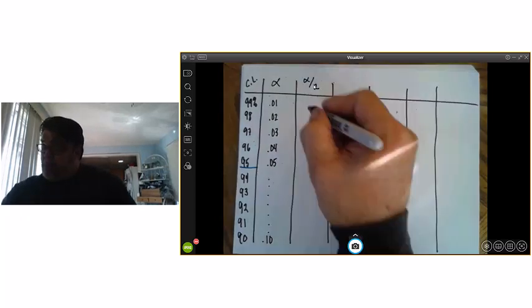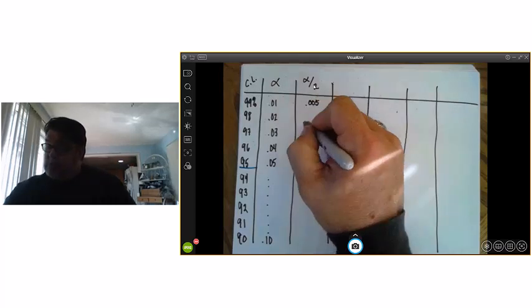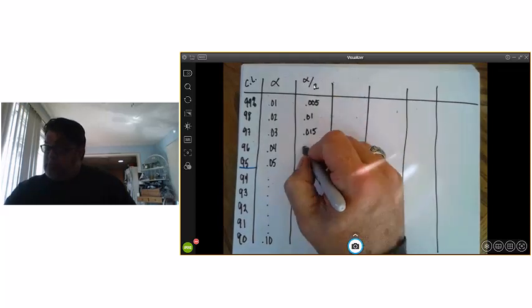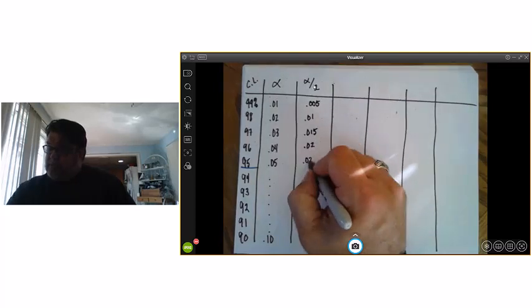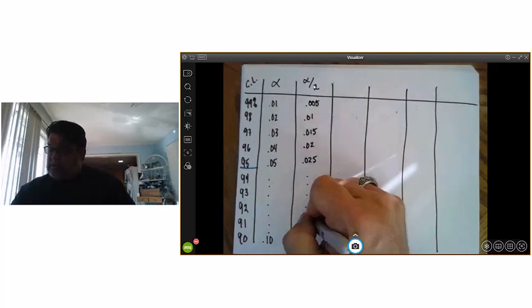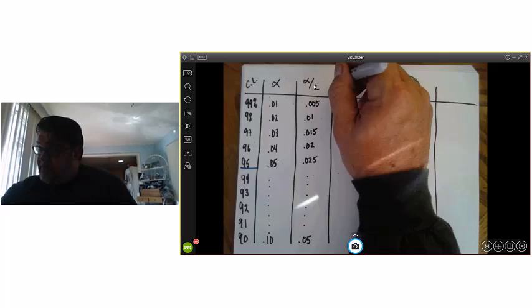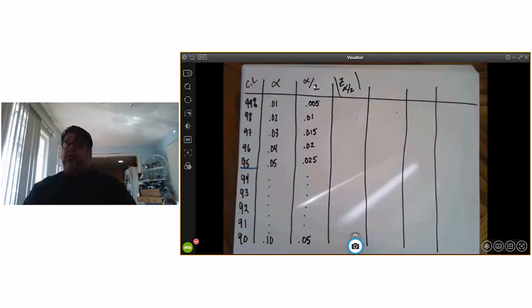That's going to be half of those: 0.005, 0.01, 0.015, 0.02, 0.025, up to 0.05. And then this is your z, so alpha over 2, and we're going to go with the absolute value, because when we're calculating, we just want to use the absolute value.